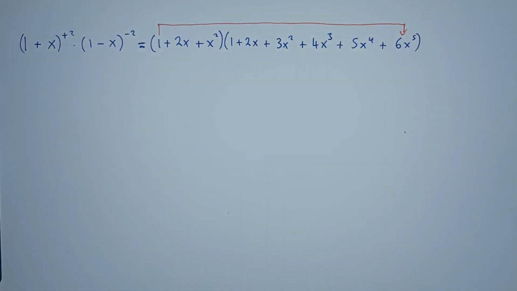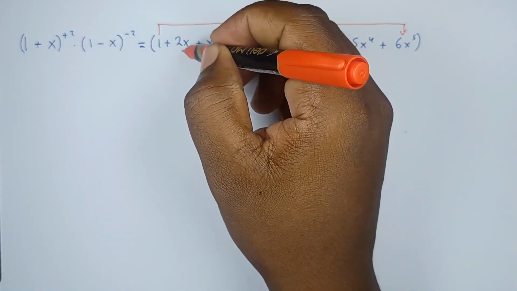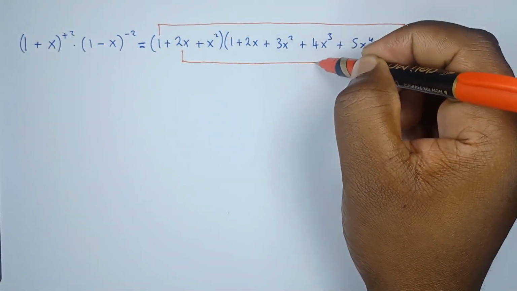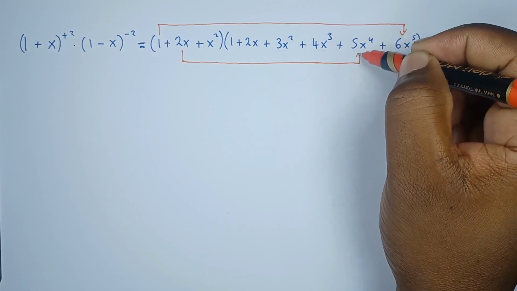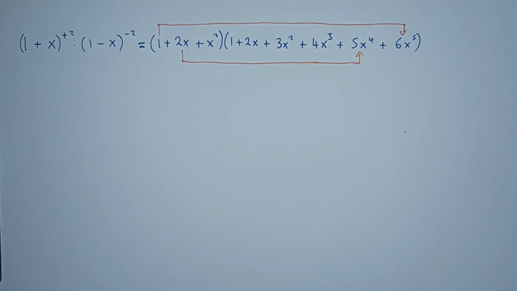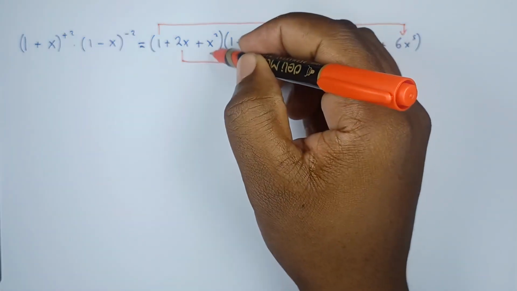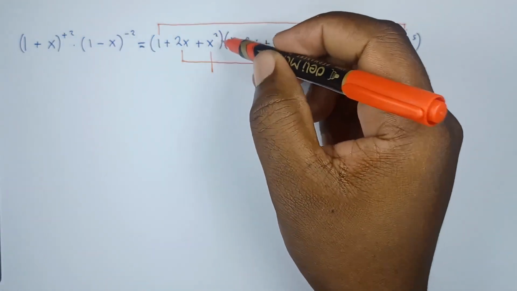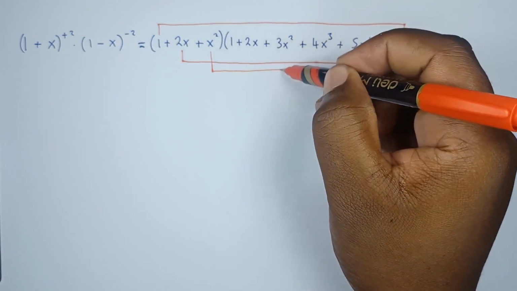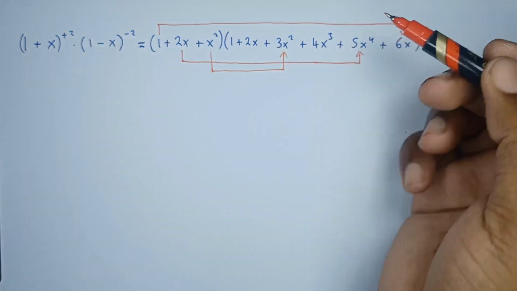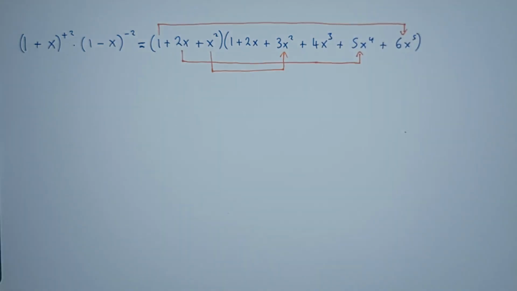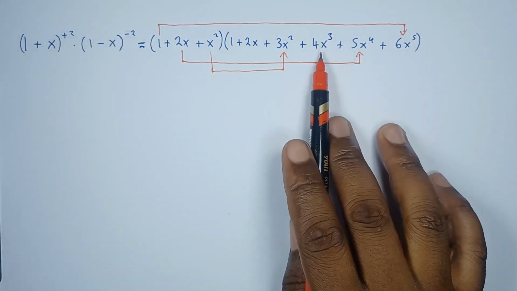What else? If I multiply this guy with x power 4, I'll get x power 5. If I multiply the power 2 with the power 3, I'll get x power 5.